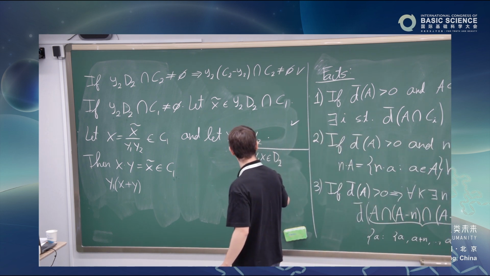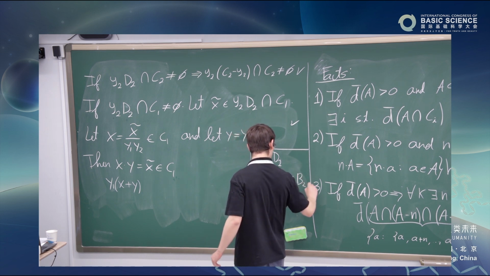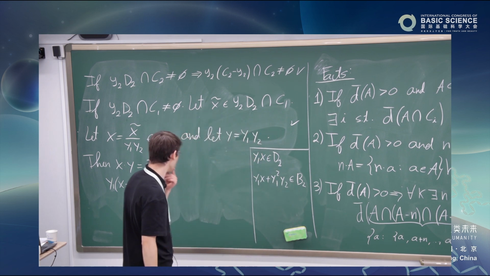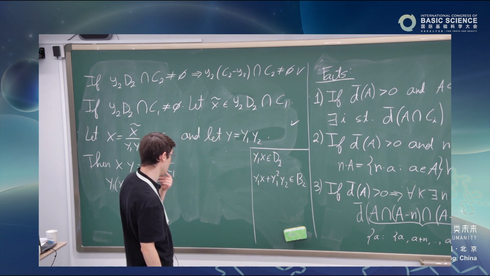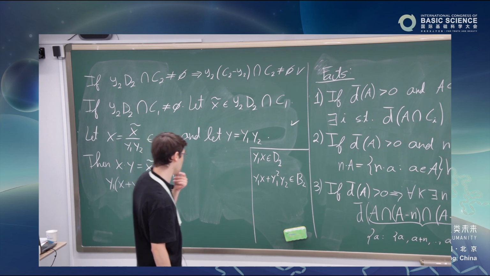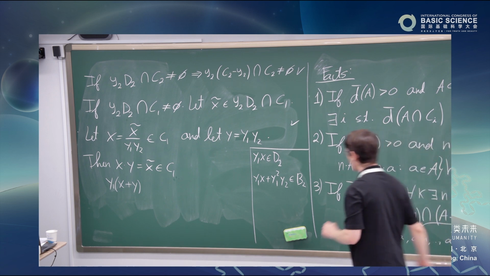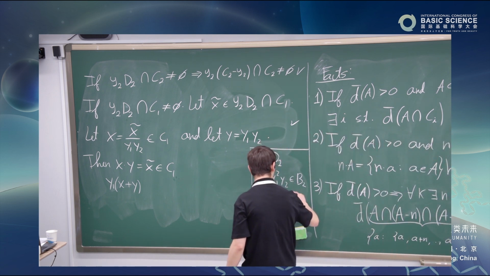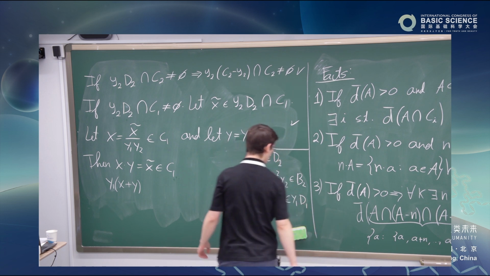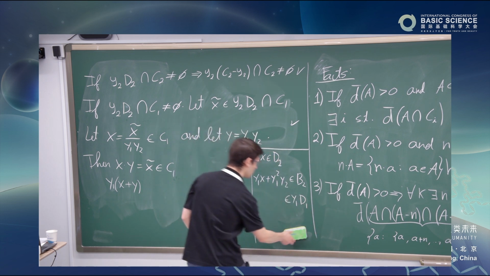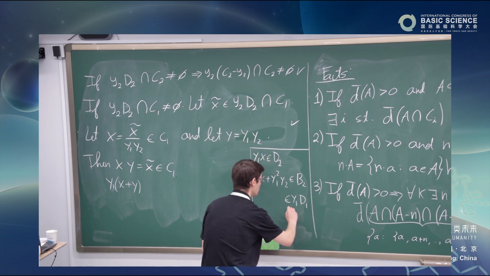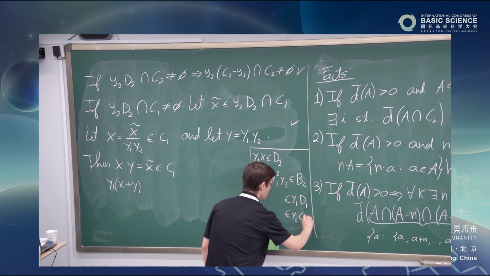So y1 x plus y1 squared y2 is in B2. And now if we're lucky, this will come out. So B2 is in y1 C1.